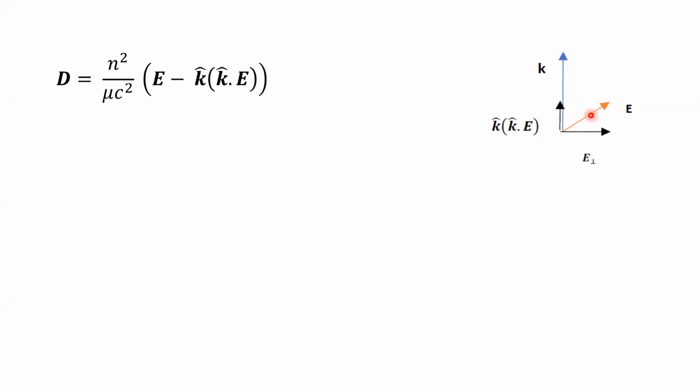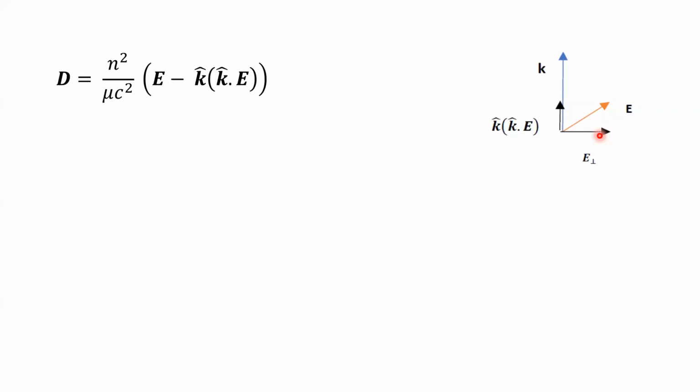This vector is precisely the projection of E along K, multiplied with the unit vector to get the vector. So this part, which appears here, is basically this vector. So when you subtract this part from the vector E, all you're left with is this. This is the part of E which is perpendicular to K.